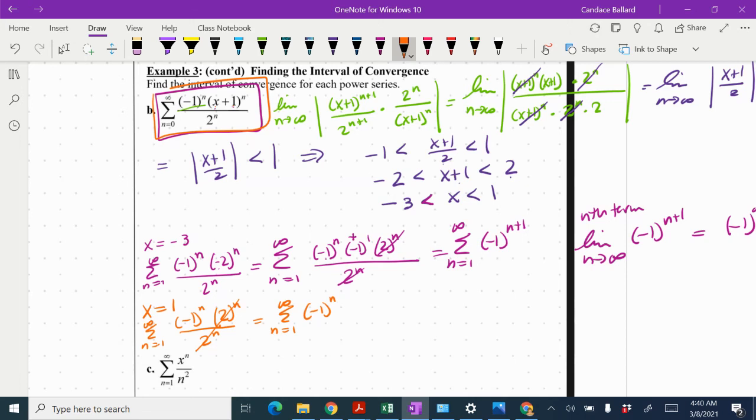It looks like I tried to use the geometric series test, but I can't really do that with this one because it's alternating. Let's try the alternating series test.